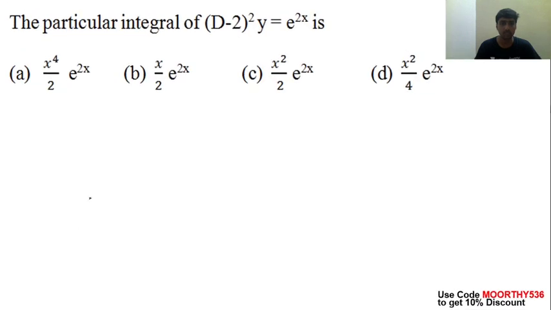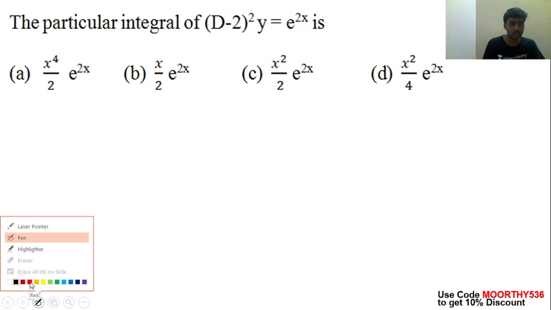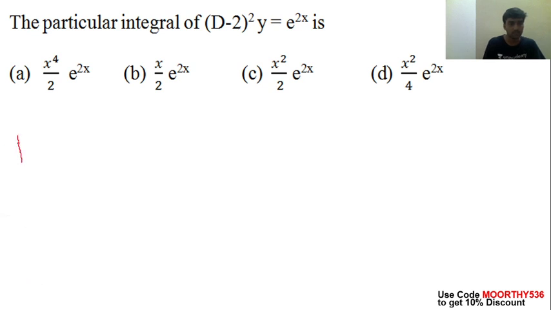This is the next question. The particular integral of (D minus 2) the whole square into y is equal to e power 2x. What is the solution for the given equation? We know that the particular integral PI is equal to 1 divided by f of D into e power ax.